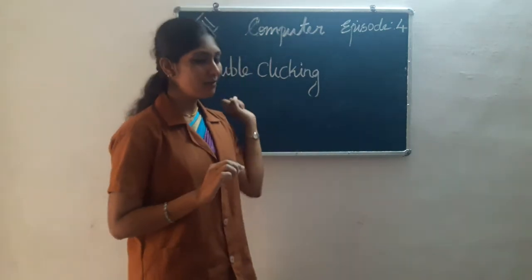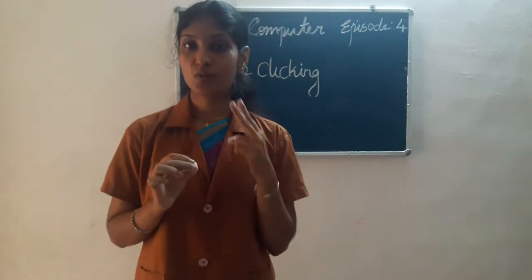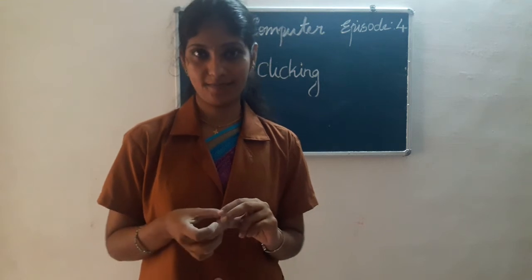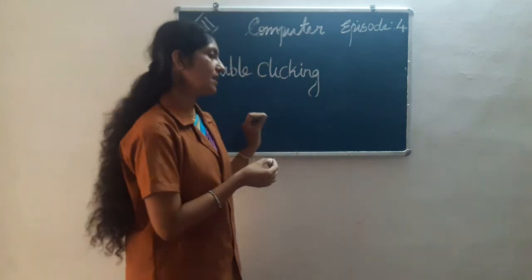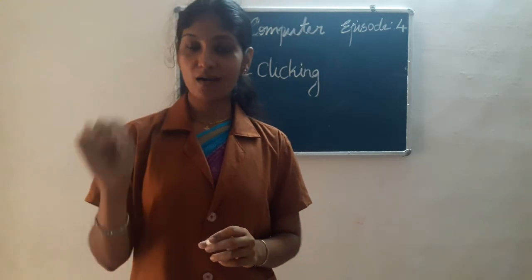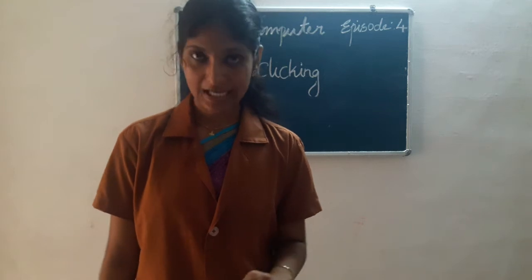That is double clicking, so the mouse makes a click sound twice. So double clicking means just press the left button on the mouse twice, right? Okay.